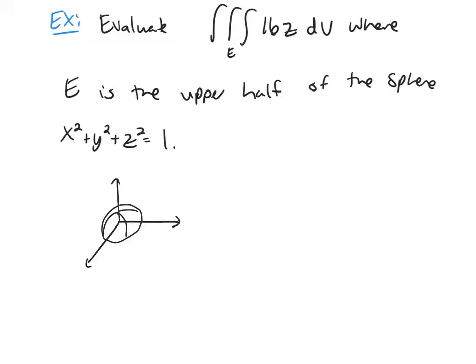And so if we want to describe the upper half of the sphere, it's pretty easy in spherical coordinates. Rho goes between 0 and 1. Theta goes from 0 to 2 pi, and then phi goes from 0 down to pi over 2, because it's only the upper half. If it was the entire sphere, it would be 0 to pi.